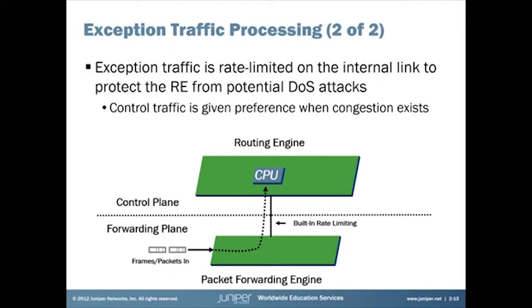It just stops the router control plane from being inundated with those kinds of attacks, in case you get a DoS attack on your router. The control traffic has preference over the transit traffic if congestion exists. So if I've got control traffic coming into an interface and the interface is congested, that will actually be prioritized over transit traffic. So transit traffic will be dropped and control traffic will go through.